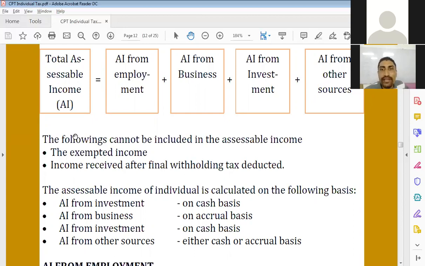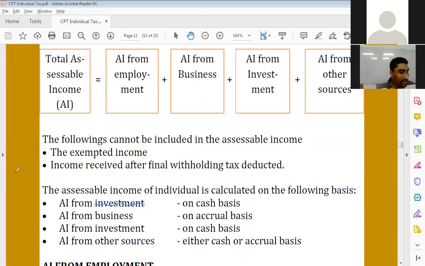When you calculate the AI from investment, it should be again on cash basis. When you calculate the AI from other sources, it should be either cash basis or accrual basis. So the first one, AI from employment, should be on cash basis.